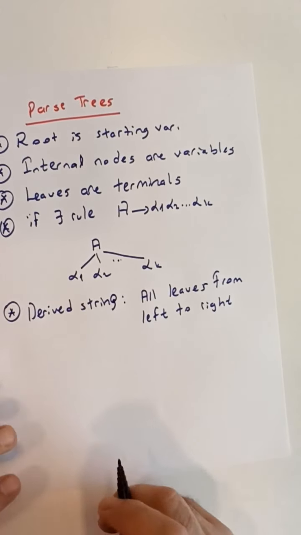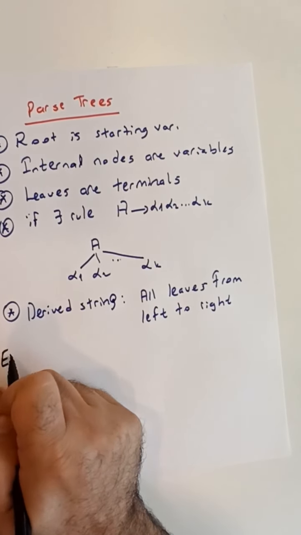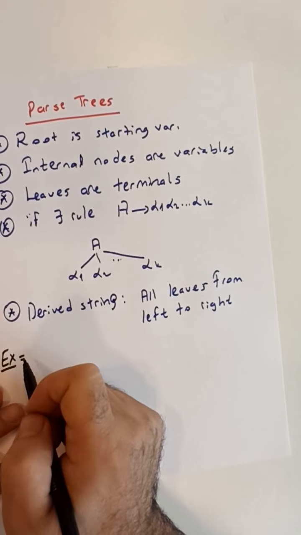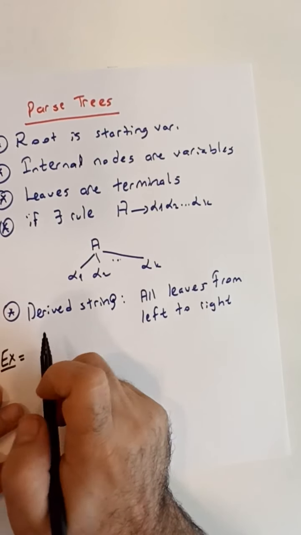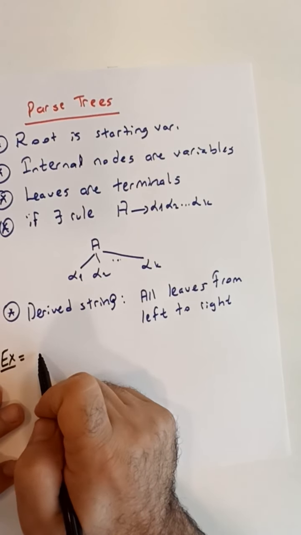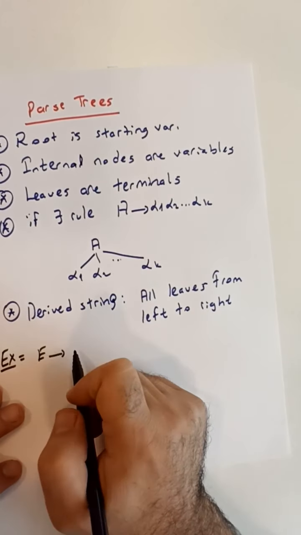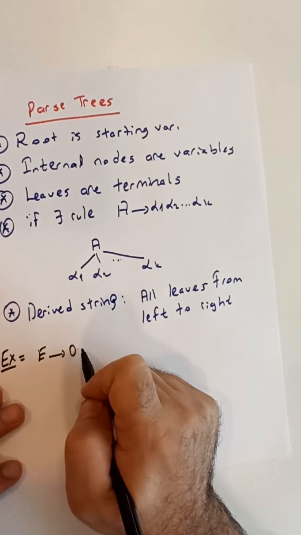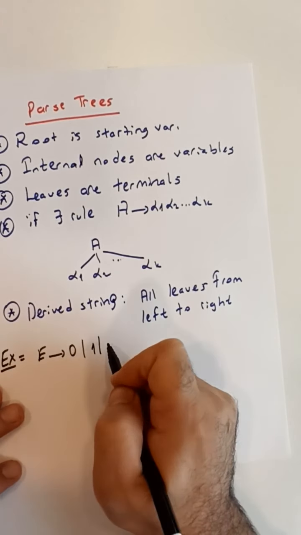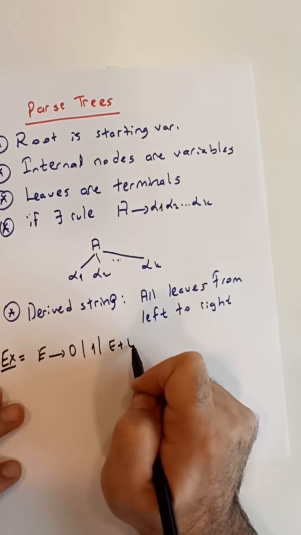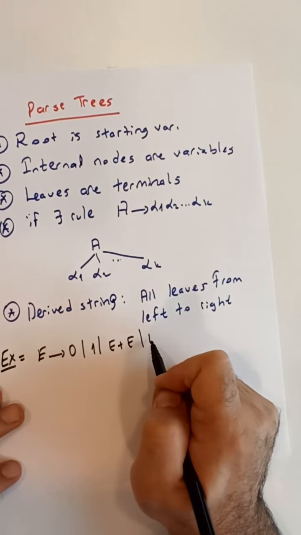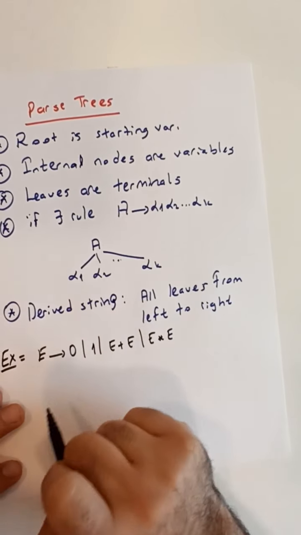So, for instance, let's consider a very simple context-free grammar to define expressions in programming languages. To make it simple, an expression can simply be a number 0, a number 1, or it can be the addition operation, or it can be the multiplication operation.